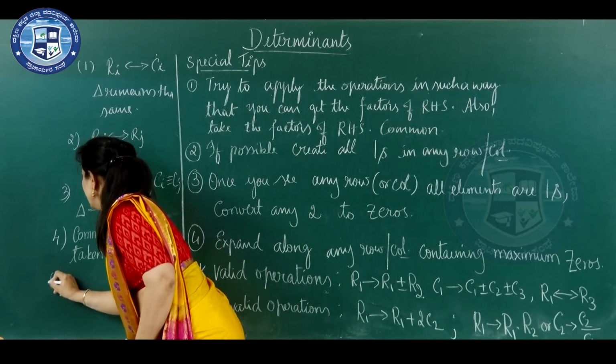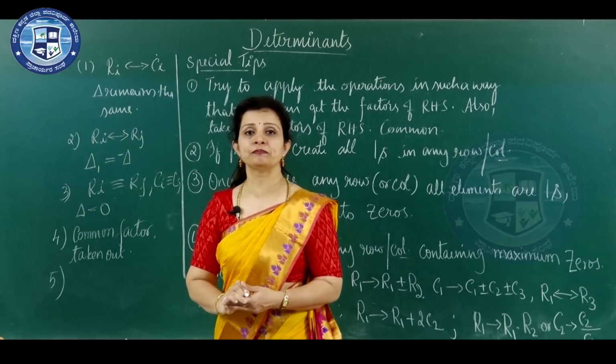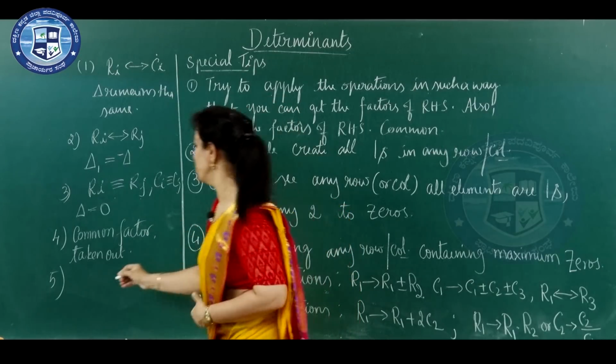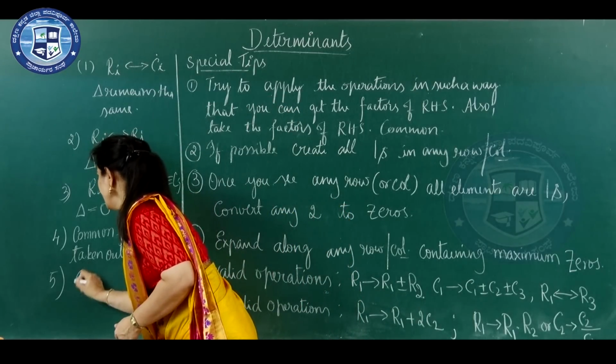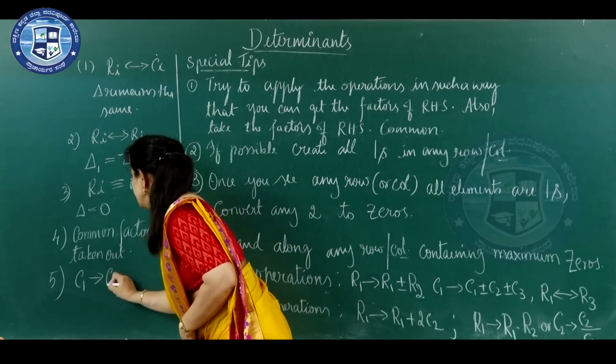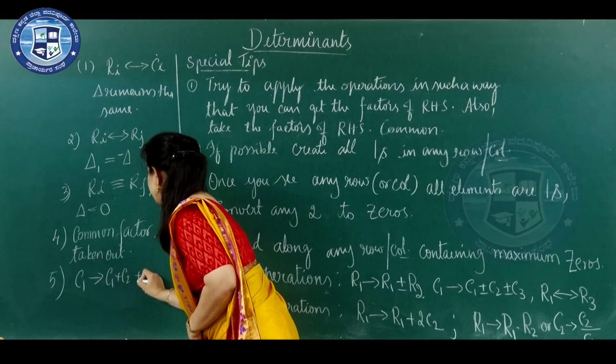So the fifth important property is which operations are possible. It is possible to apply C1 changes to C1 plus C2 plus C3.